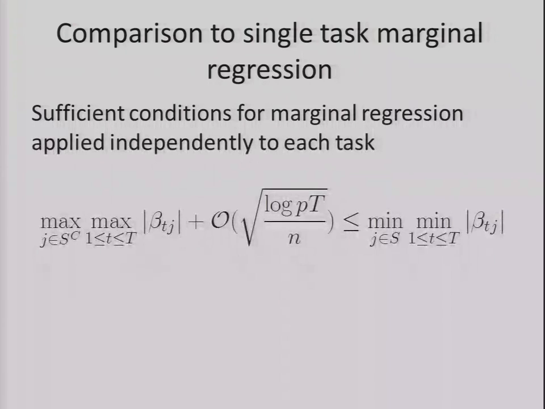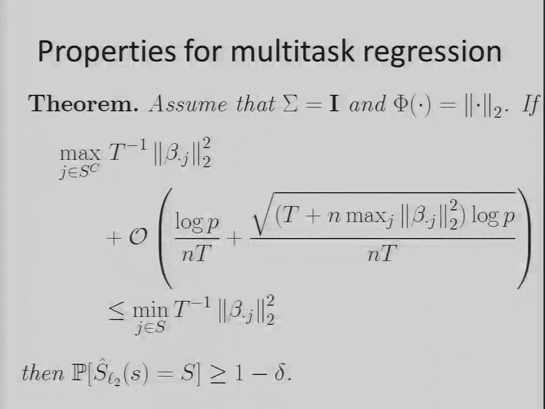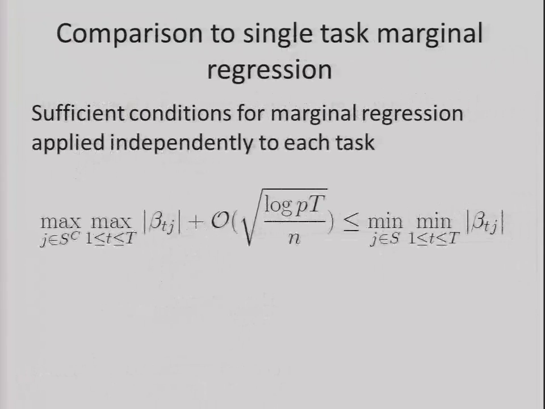Okay, and just to compare, what would we require for single task regression if it was independently applied to each task separately? We observe that this quantity here is much larger than the quantity in here. So there's a clear benefit of learning from the tasks jointly.